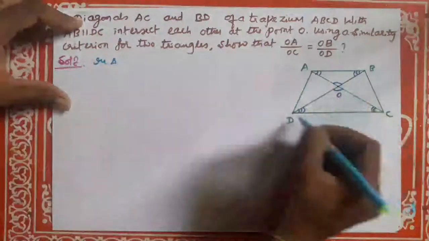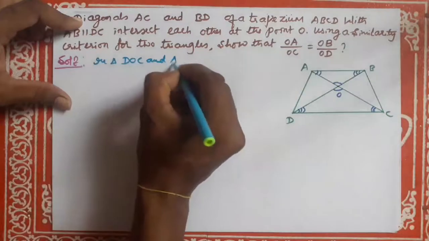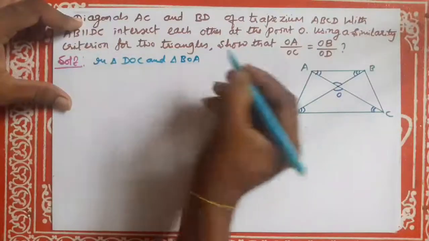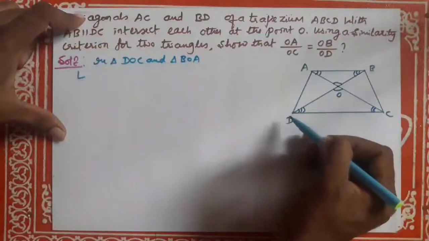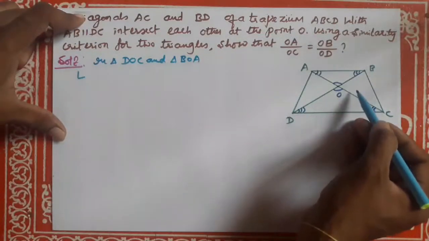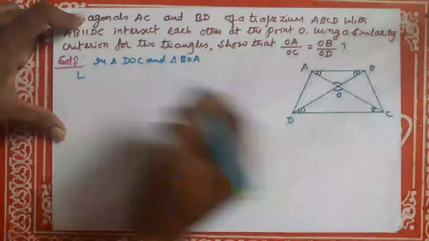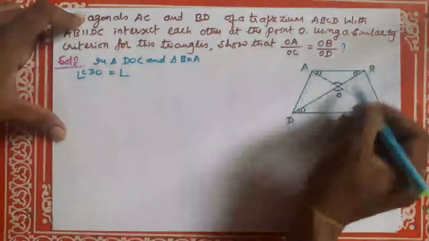In triangle DOC and triangle BOA, angle CDO is equal to angle ABO.